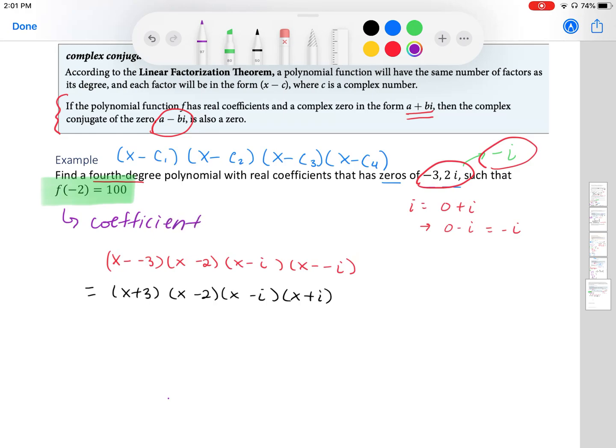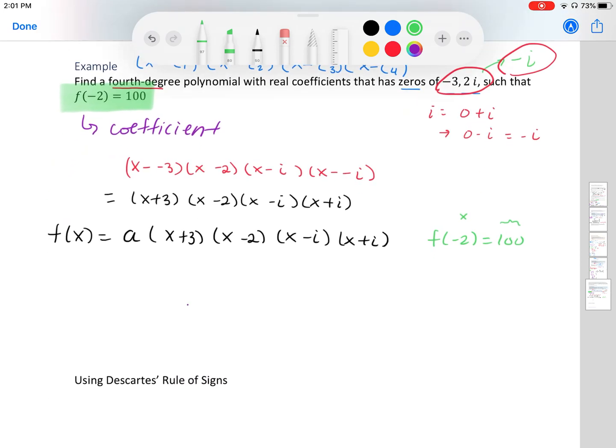So if you recall, our function is actually f of x is equal to a times x plus 3, x minus 2, x minus i, and x plus i. And I can find a by using the fact that f of -2 is equal to 100. So let's plug in an x of -2 and let's set it equal to 100.